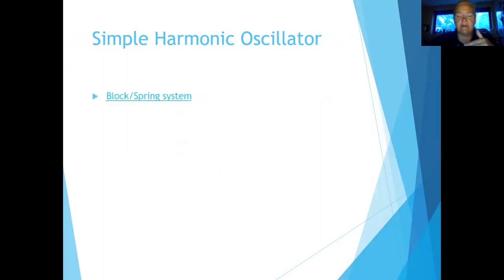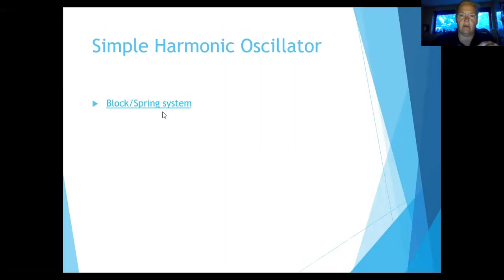So the system that we're going to spend most of our time on is the block and spring system, where you have a block affixed to a spring, and it will move back and forth. Now, let me see if this is going to work. Okay, I hope that you can see this.